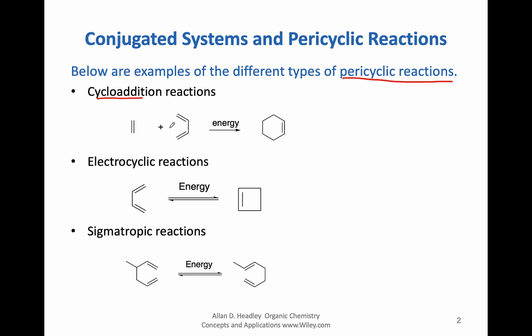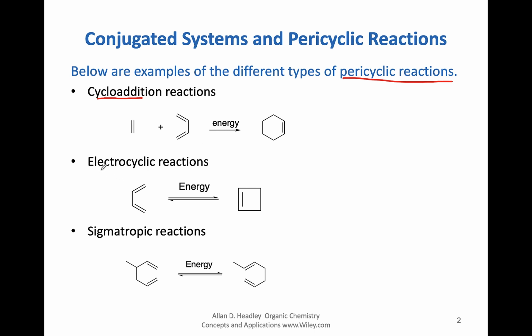The classic one is the Diels-Alder, where there's a reaction between an alkene and a diene in the presence of energy to give a six-membered ring, which is also an alkene. That's a very important reaction in organic chemistry, and as we have seen, it's known as the Diels-Alder reaction.